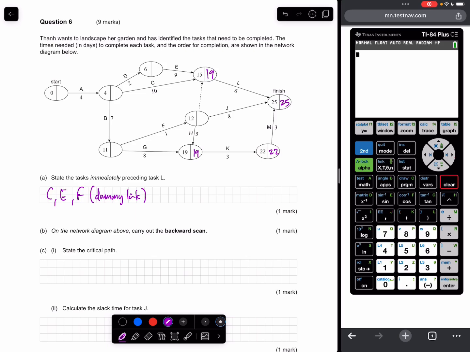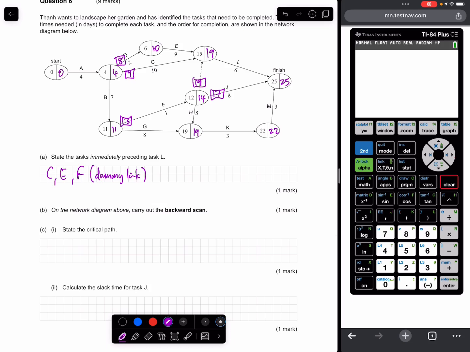So we want the smallest number here. 19 take 5, 14. 25 take 8, 17 on the line. 19 take 0, 19 on the dummy link. 19 take 8 is 11. 14 take 1, 13 on the line. 19 take 9 is 10. 19 take 10 is 9. 10 take 2 is 8. 11 take 7 is 4. So 19 take 10, 9 here. 10 take 2, 8 here. 4 take 4 is 0.